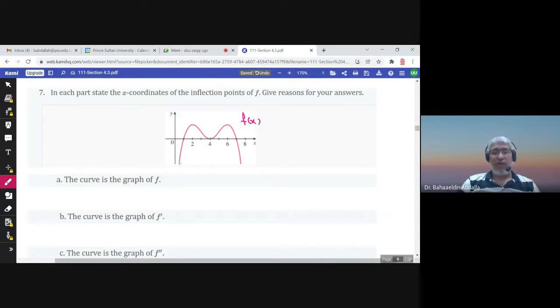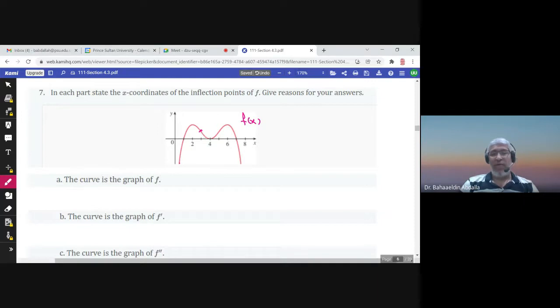Now look here, start from here. The graph is concave what? Down. Up to where? Up to here? No. In fact, up to here, because still in this part the graph is concave down. Good. So in all of this part from here to here, the graph is concave down.